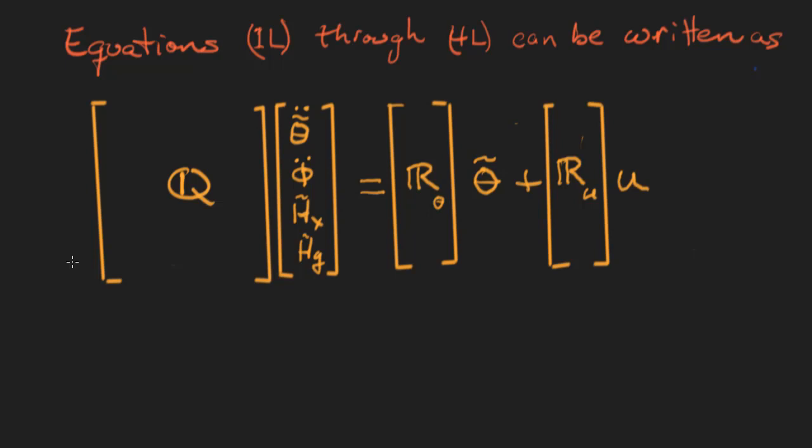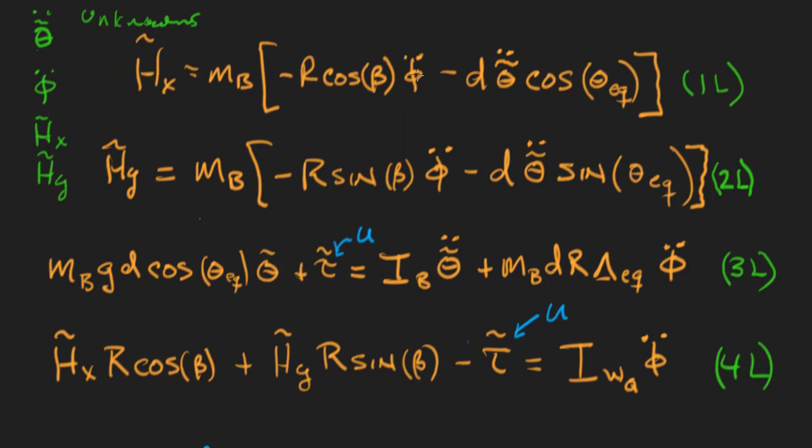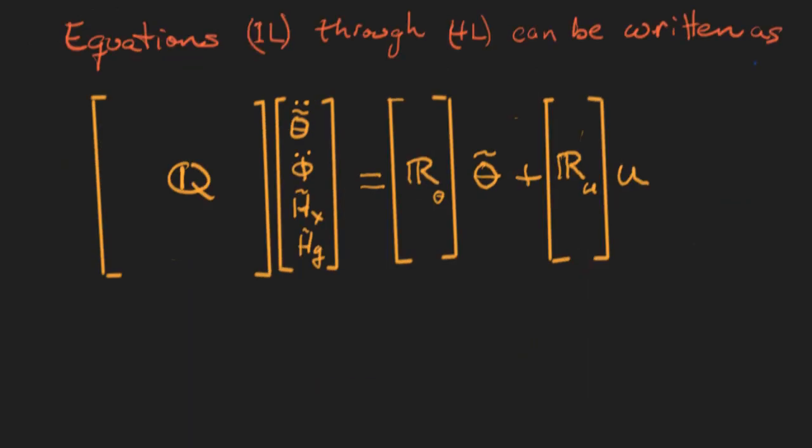And I can look up the elements of Q term by term directly, because for example, in equation 1L, theta double dot is multiplied by minus d cosine theta equilibrium. So minus d times cosine of theta equilibrium is going to be in this upper left-hand corner. Again, I can read off the rest of the coefficients just from the equations. So that all goes on the left-hand side of my equality here.